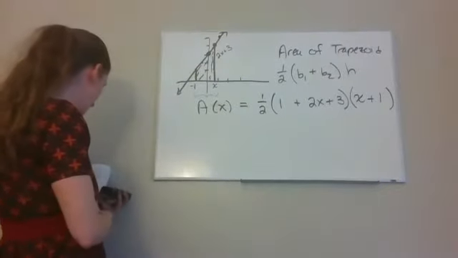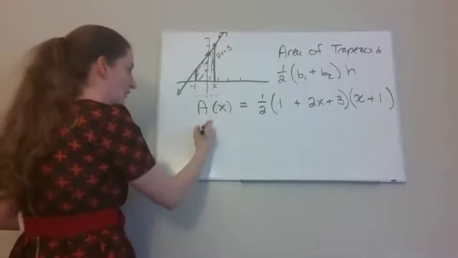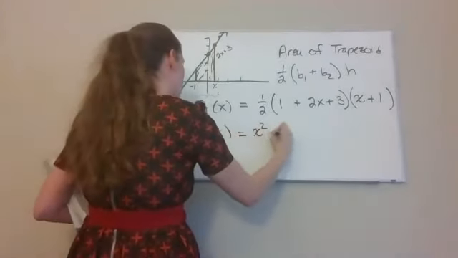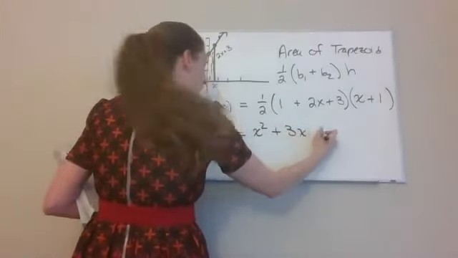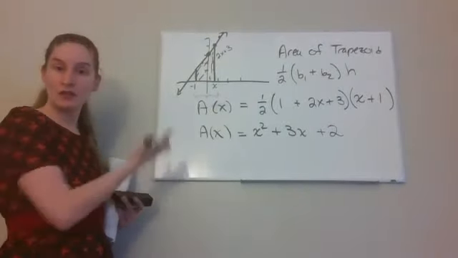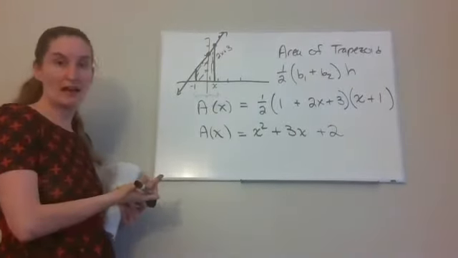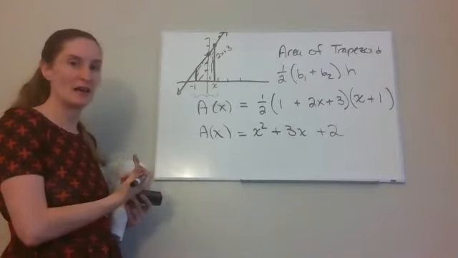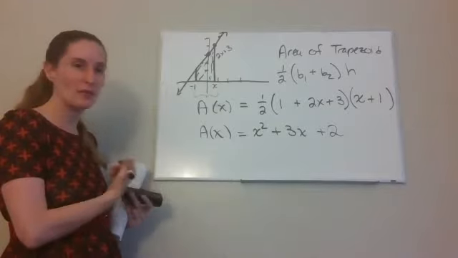Now, if I actually distribute all of that, I will get that A of x is equal to x squared plus 3x plus 2. So there's the area of this region for just any x value. I could take an x value and plug it in and get the area of that particular trapezoid shape.